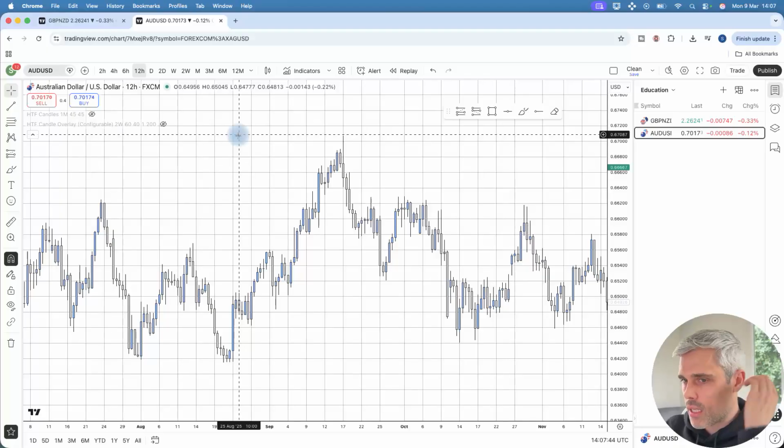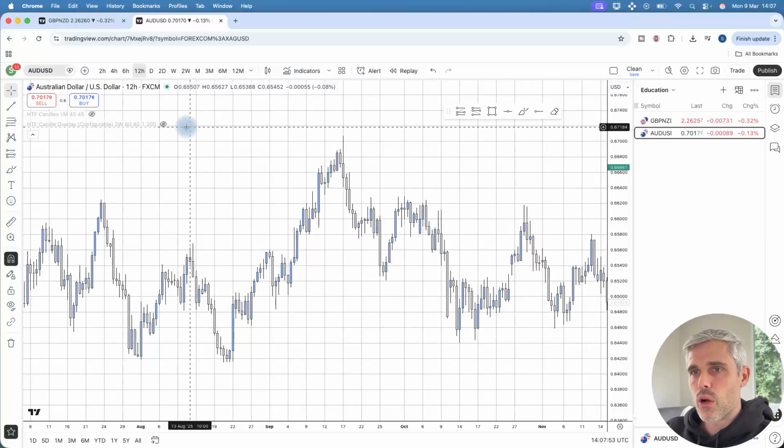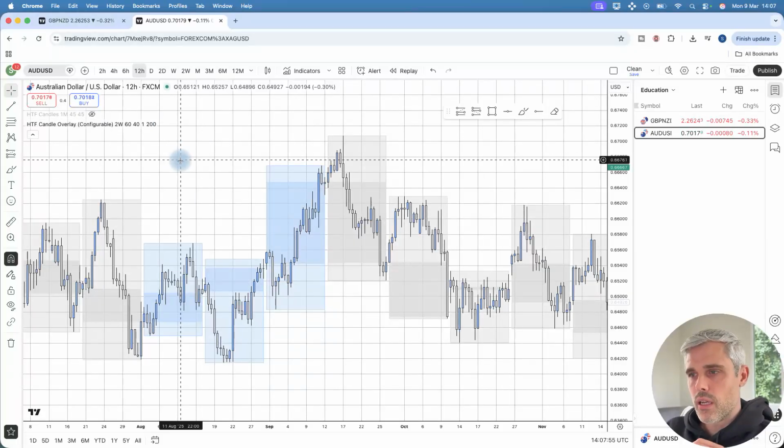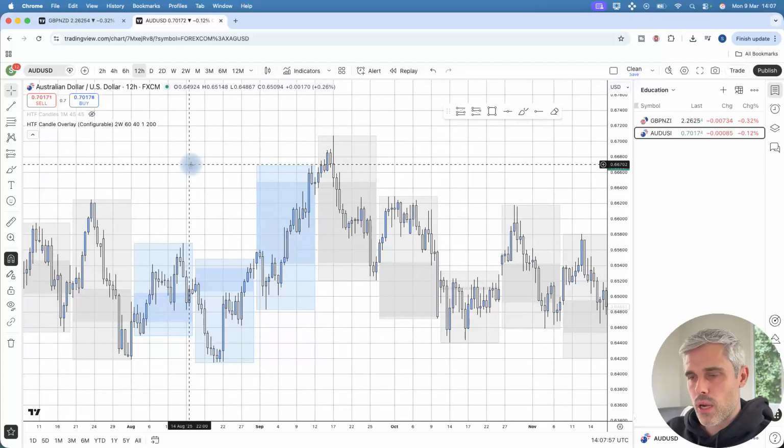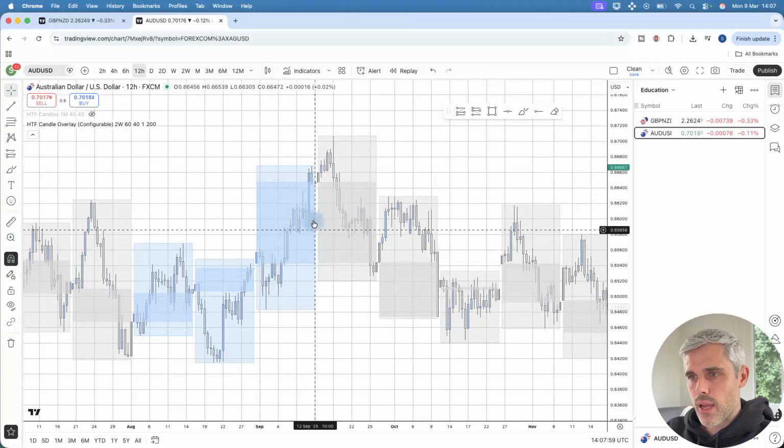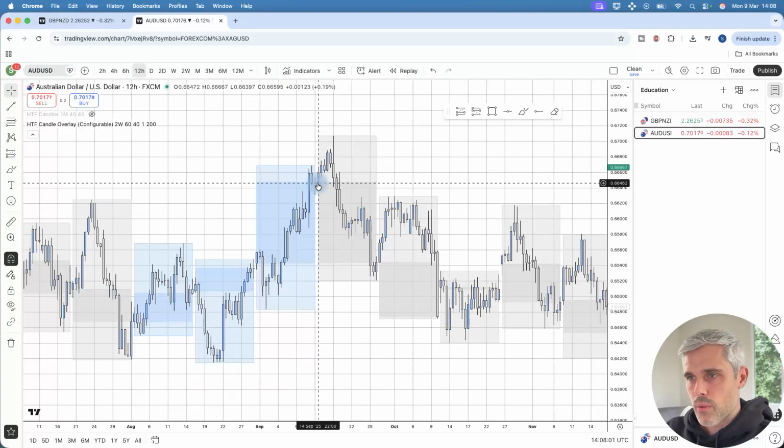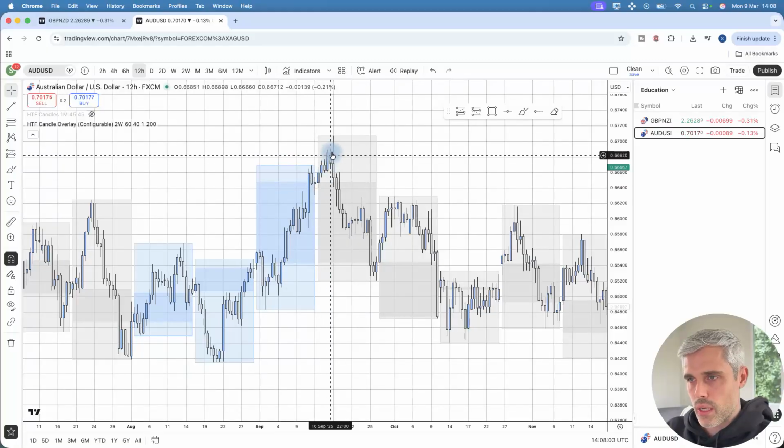Again, if you're reading this price action in isolation, it's going to be very difficult. And I promise you, no indicator is going to make you profitable on this price chart. But if you overlay higher time frame context, straight away you can see what price is doing. Again, we have this bullish candle. Price opens a new 2-weekly candle.